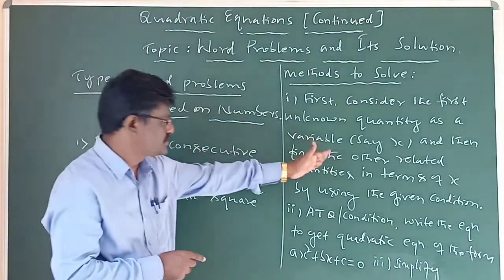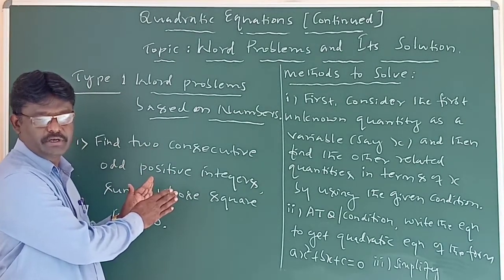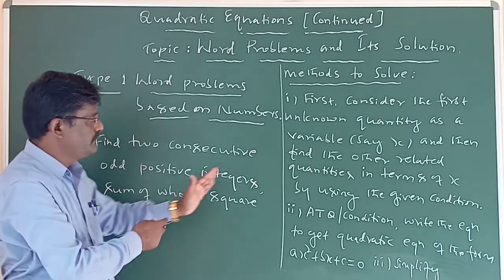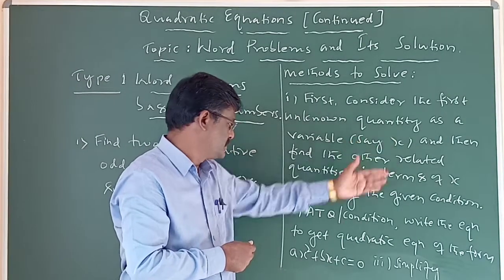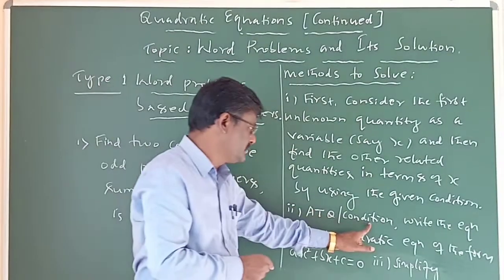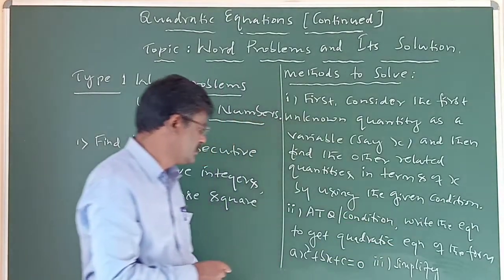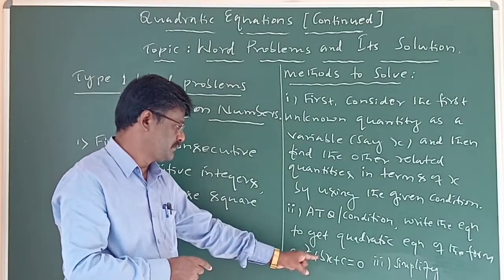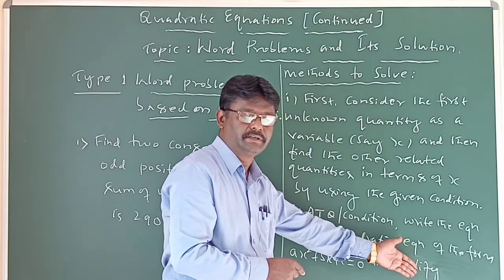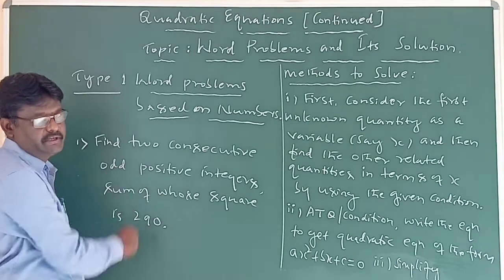Hence, according to this condition, let the first odd integer be x. Then, by using the given statement, we can get the next one. After that, according to the question, we have to write the quadratic equation in the standard form, ax square plus bx plus c equal to 0. Then we go for simplification, and finally we get the required solution.